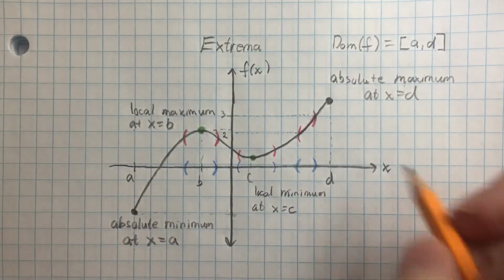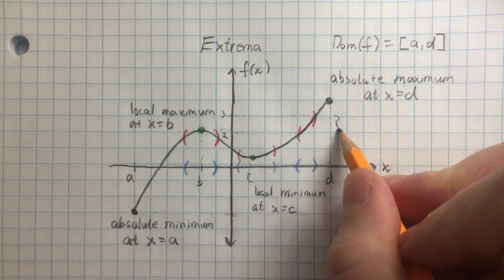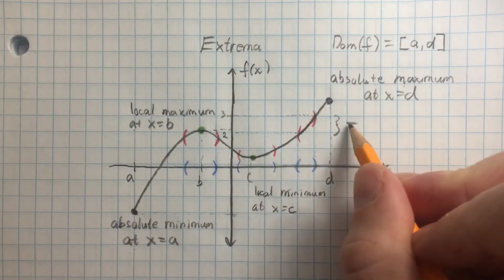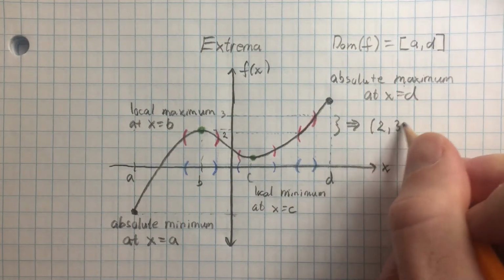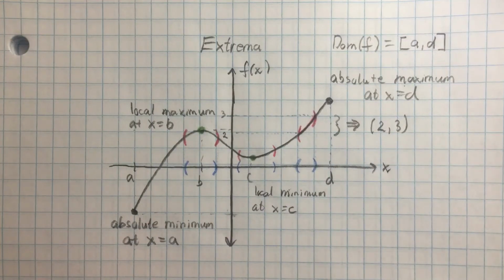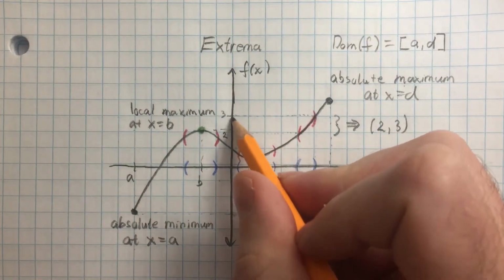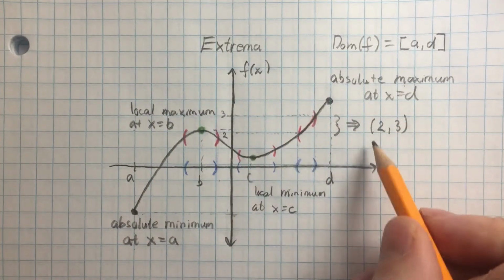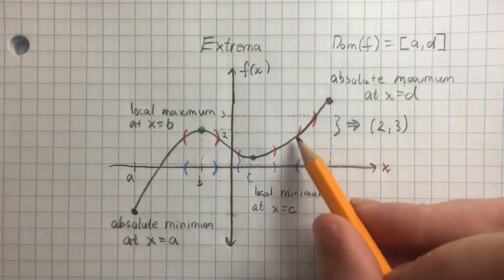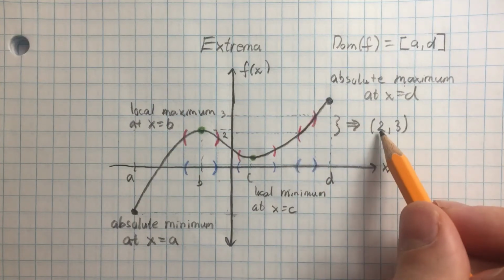So what we're doing now is we're looking at this set of function values which corresponds to the open interval 2 to 3. So we're looking at this connected interval of function values from 2 to 3. Is there a lowest value on the interval, again, these function values, from 2 to 3?